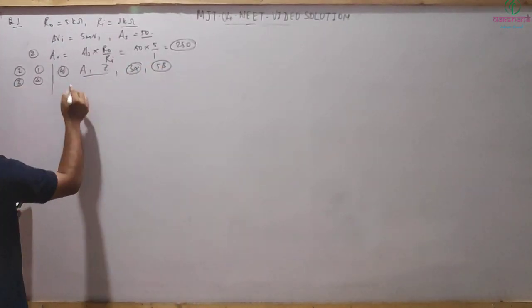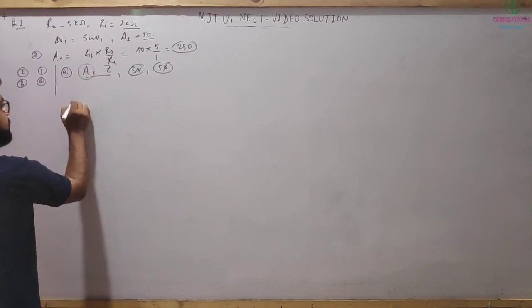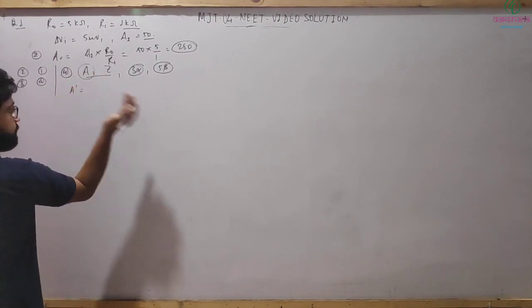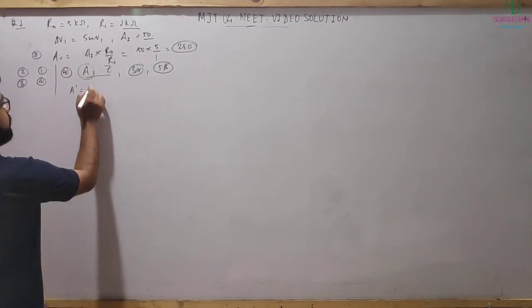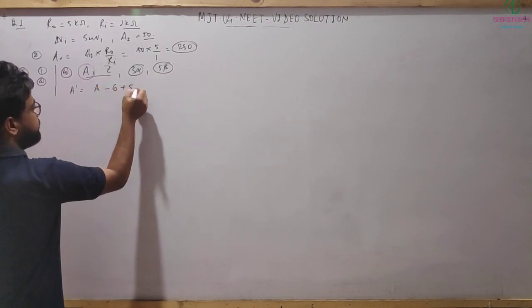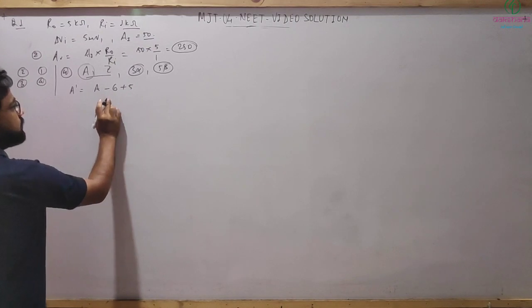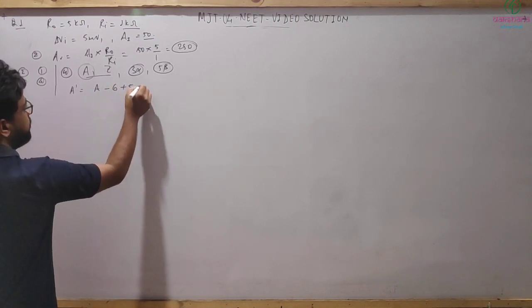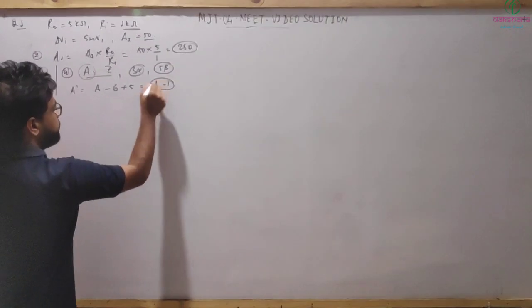Because of 3 alpha, the change in mass number, so A prime of the product nucleus will be A minus 6 because of it's plus 5. This 3, so it's 6 plus 5. This is basically A minus 1.